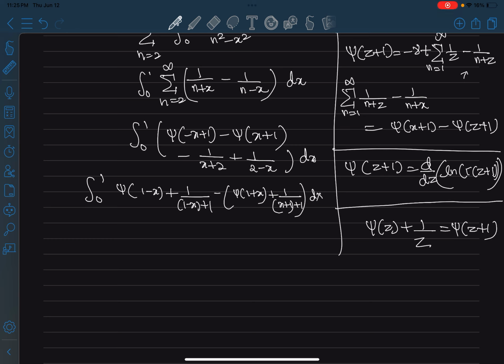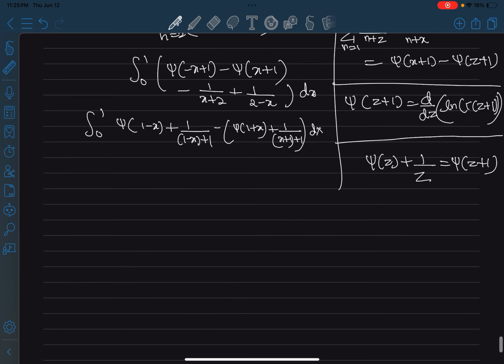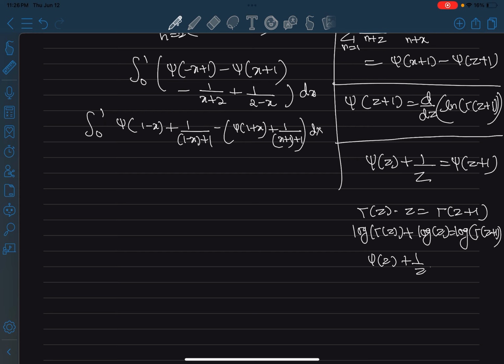And where it comes from is, basically we have gamma of z times z equals gamma of z plus 1, right? We can take log on both sides, and then you will have log of gamma of z plus log of z equals log of gamma of z plus 1, yeah? Now if I differentiate, this will just be digamma of z plus 1 over z is digamma of z plus 1, yeah?